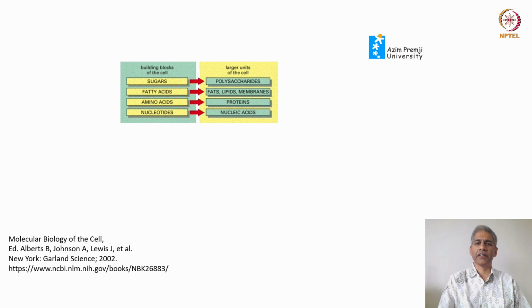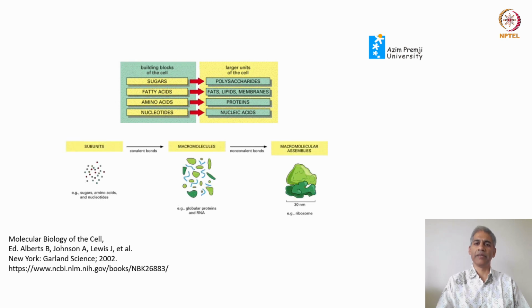And then there is a further step that we need to think about in the building up of structure. So you start with these building blocks, they go on to make these polymers or macromolecules or large molecules, and then these macromolecules come together to make even larger assemblies. So shown here is the example of a ribosome. A ribosome is composed of proteins and RNA, and they come together in a particular conformation to form a ribosome which has a particular structure, which is important for its function.